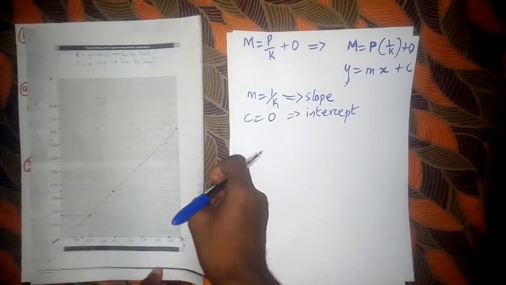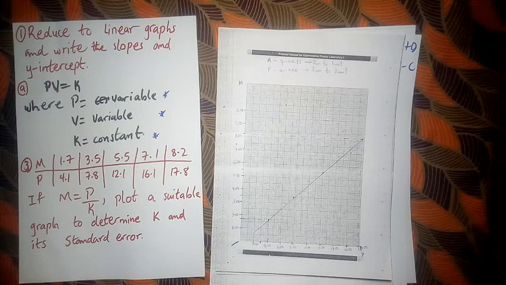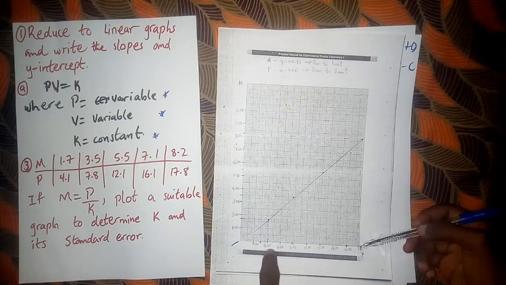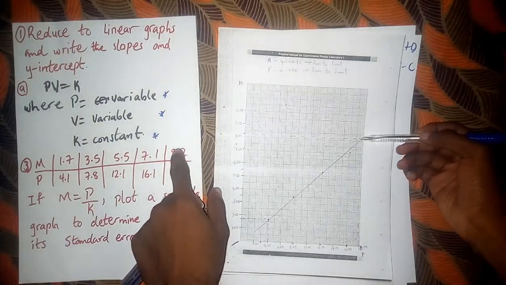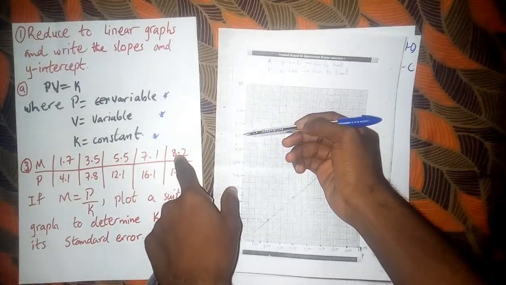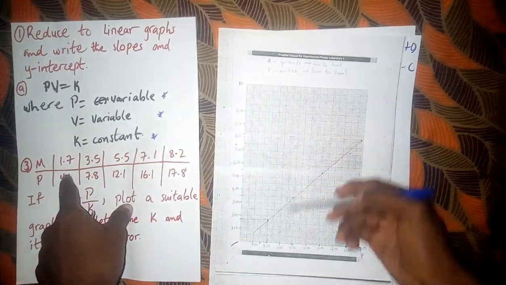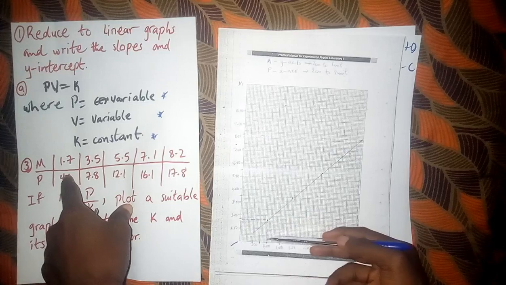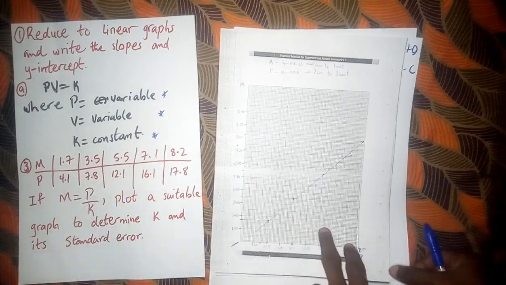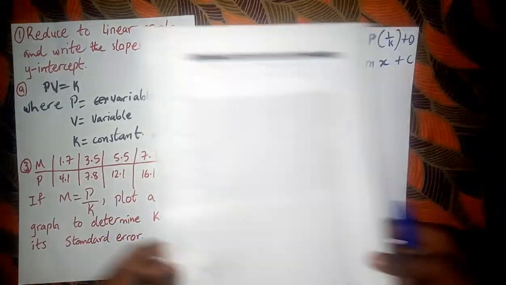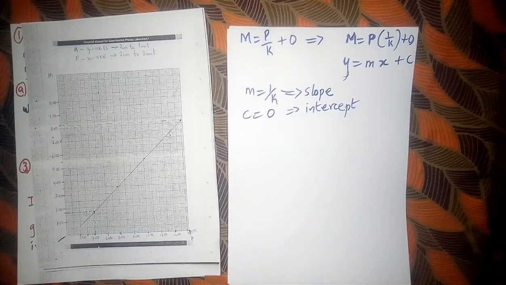If you check our graph with this, our 17.8 is joining with our 8.2, and our 1.7 is joining with our 4.1. So we just put them on our graph and then solve.